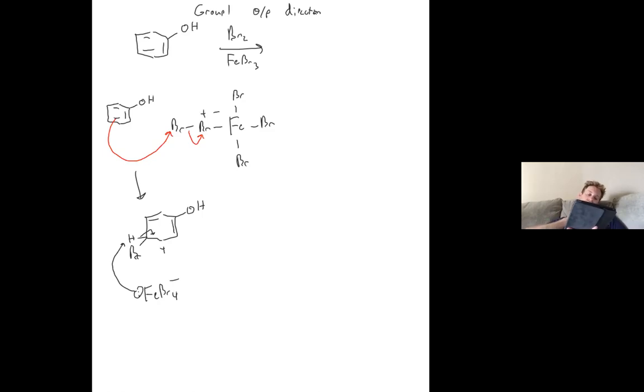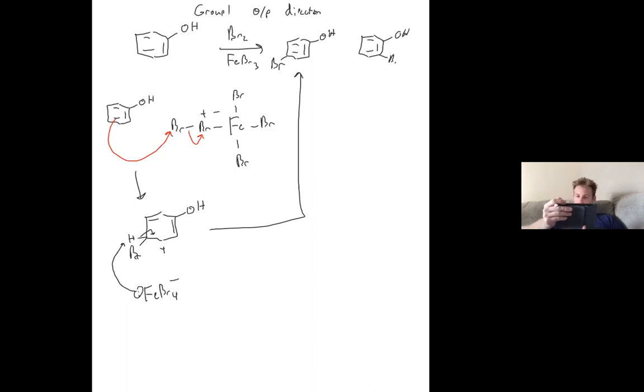Grab this proton, re-aromatize, and this lets us generate our para product. Because we're dealing with an ortho-para director, we could also have the ortho product. That's 2 major products.